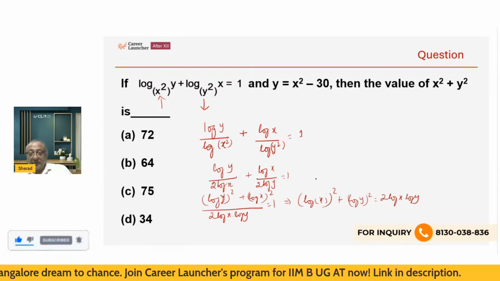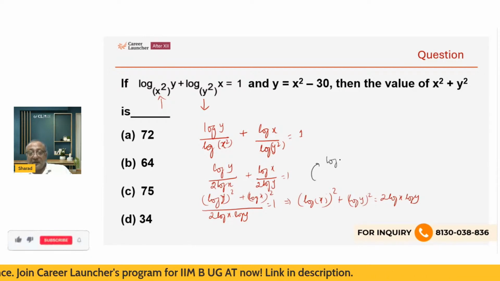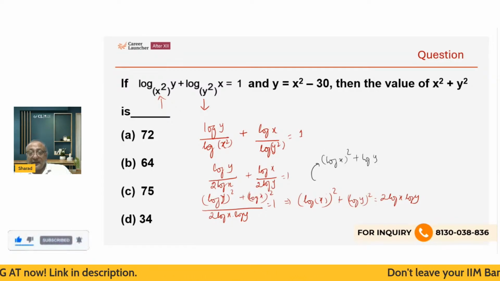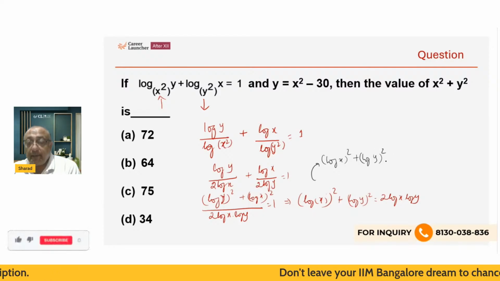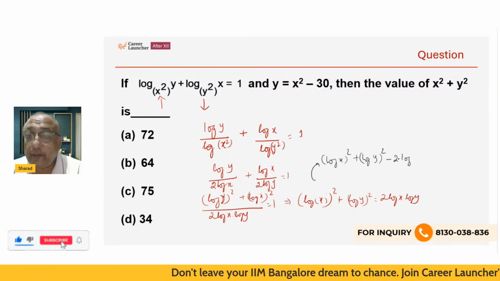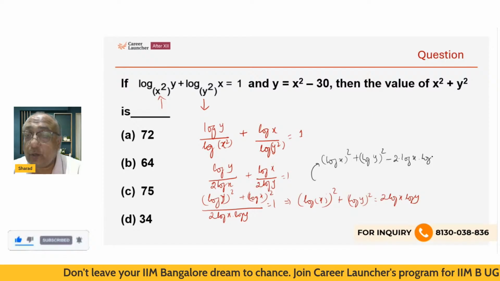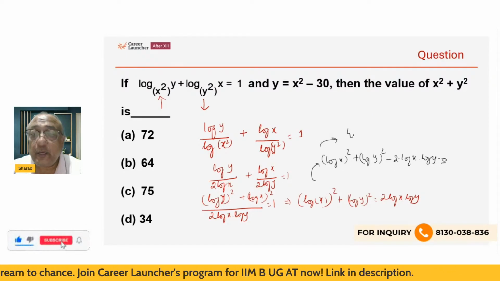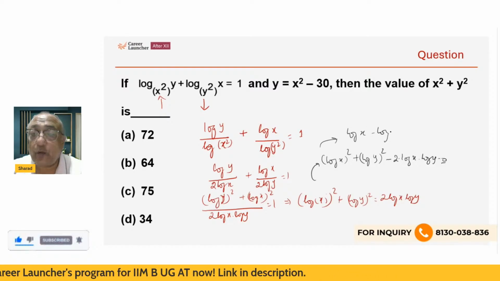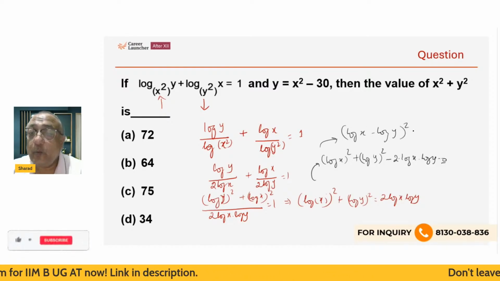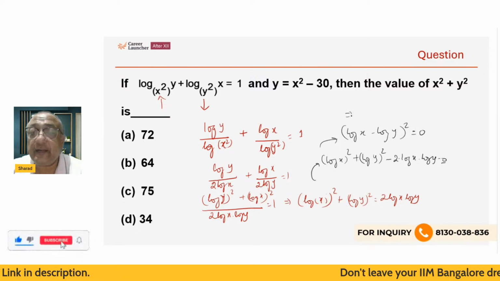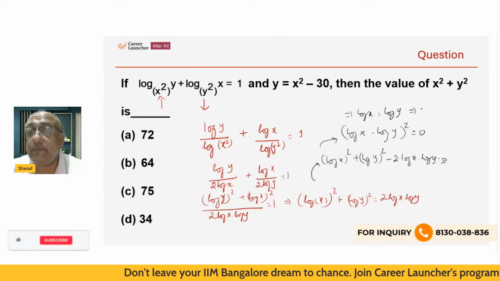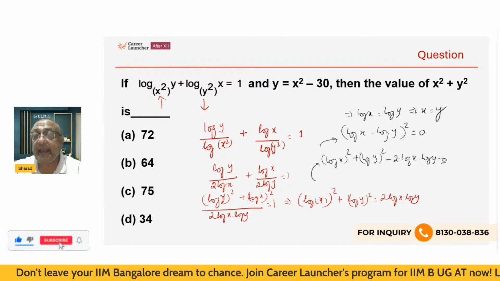So from here, I'll write log x ka whole square plus log y ka whole square minus 2 into log x into log y equal. From here, I'll get log x minus log y ka whole square, which basically means that log x is equal to log y. Itna asan. It is so simple. x is equal to y. And this I'll put here.